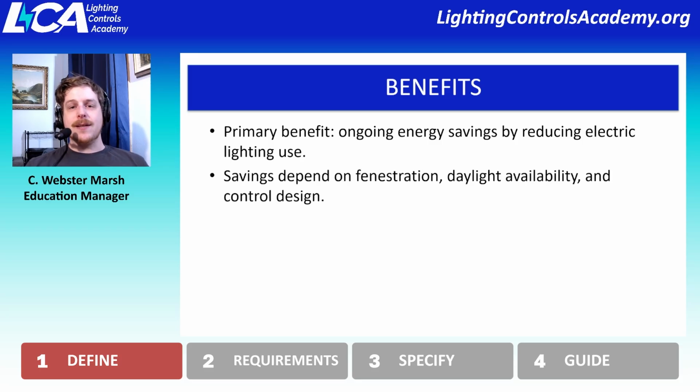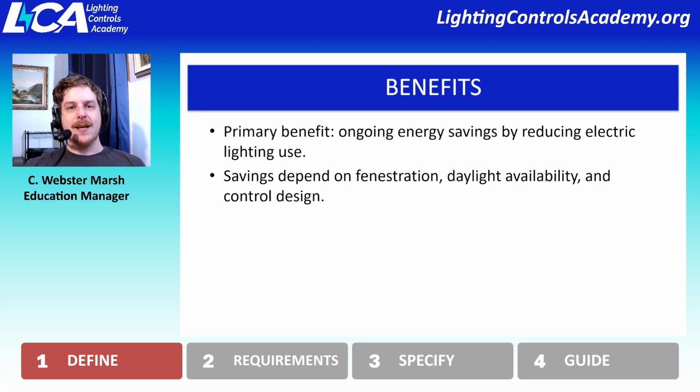But it does depend on the fenestration. So if you have a really heavily glazed window or tinted window, that contribution from the daylight might actually be a little bit less, and so you might not have as good of an energy savings as opposed to if those windows were just completely untreated.